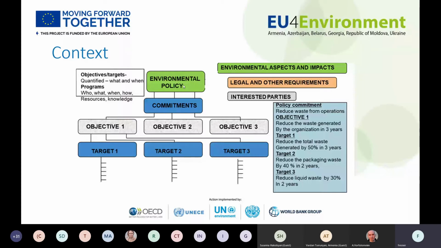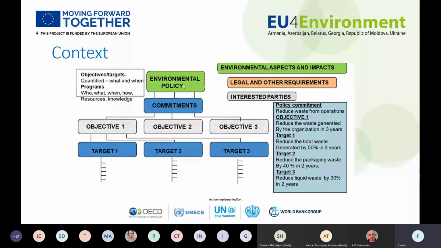And a bundle of targets to reach this objective would be, we want to reduce total waste by 50%. This means reducing packaging waste by 40%, reducing liquid waste, which is hydraulic oil, lubricants, and so on, by 30%, and so on.